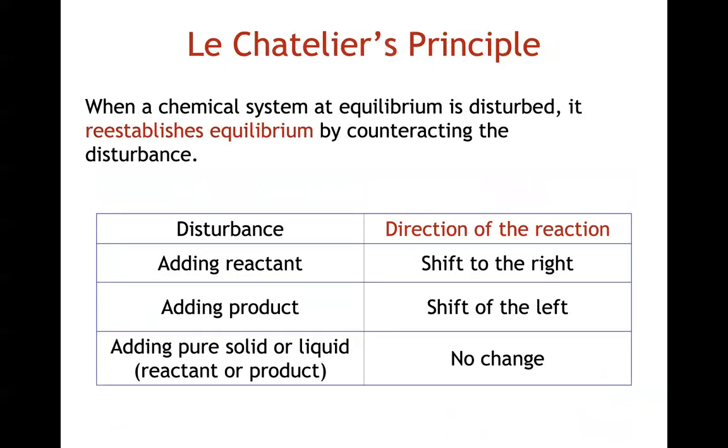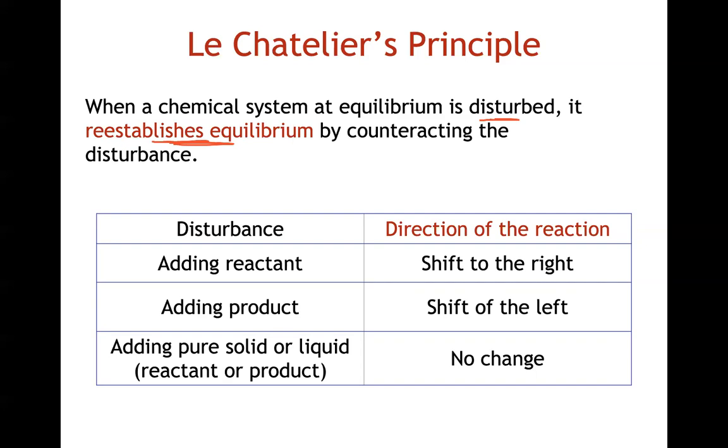Okay, so what causes that, or why? That's basically according to Le Chatelier's principle: when we have a chemical system or a reaction at equilibrium, and that equilibrium is disrupted, whether it's because we added more reactant or we removed some of the product that forms, the reaction is going to shift, all right?